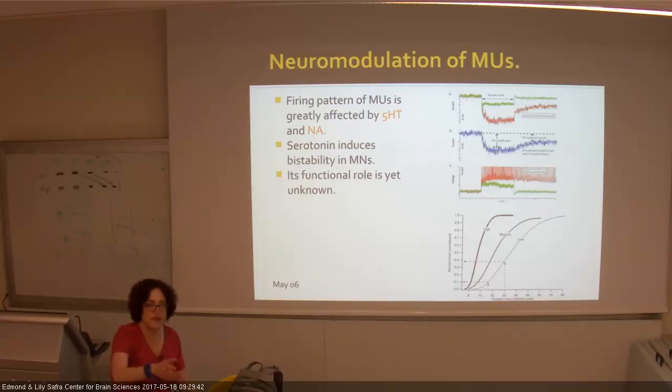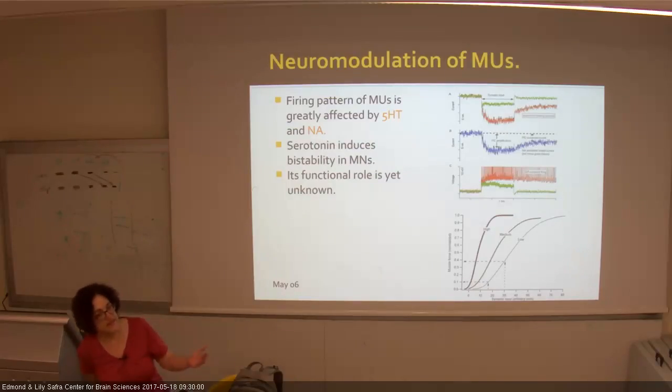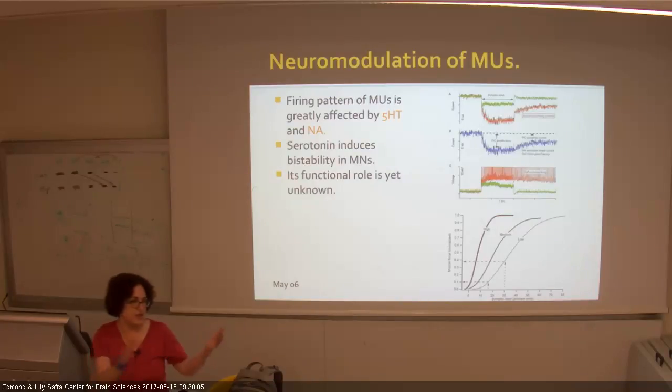Well, if you think about serotonin level as a volume control, normally at rest there is a given rate of serotonin firing, you always have some level of serotonin, and then in the absence of serotonin you decrease the level. So it's like a volume control. You can think of it like that.